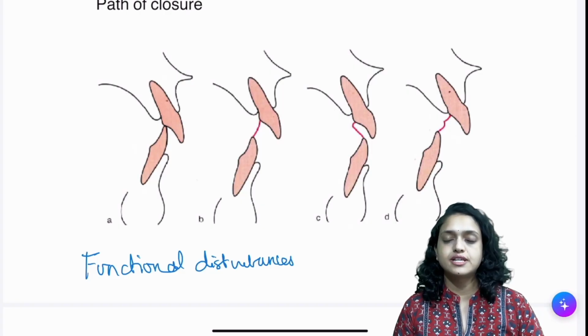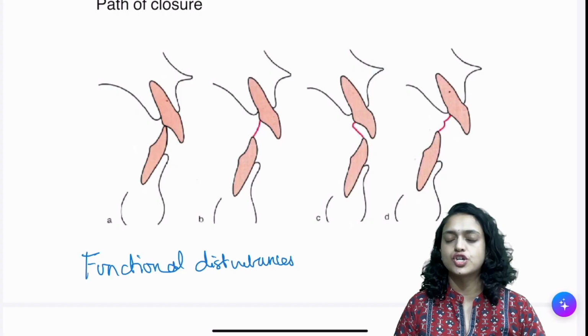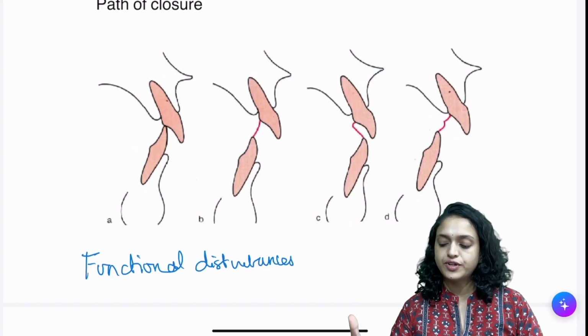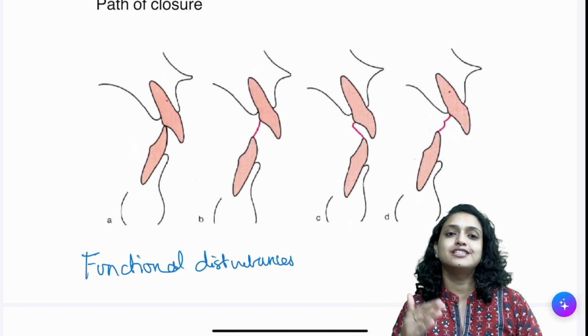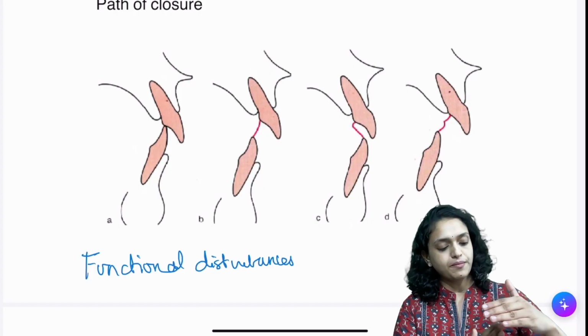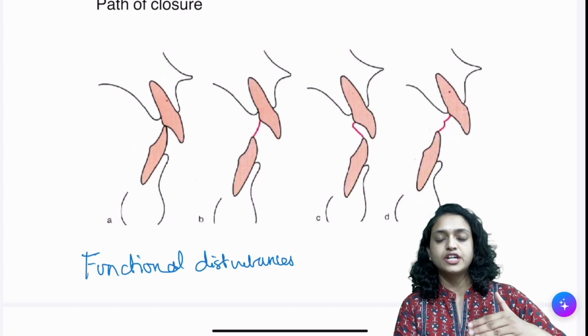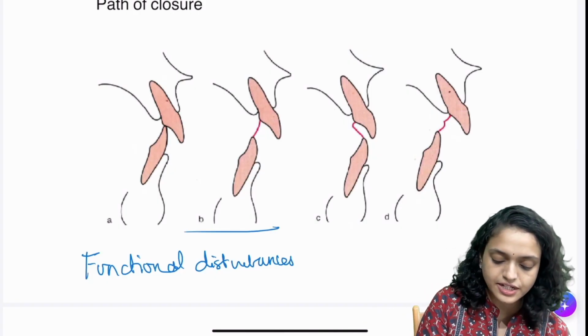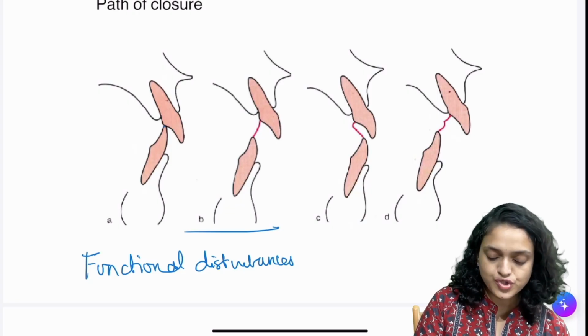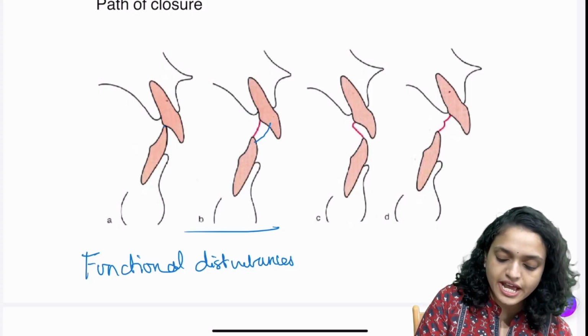So we need to assess the path of closure in such patients. We need to get the patient to a postural rest position and then ask them to bite. So from the rest position, they bite. The normal path of closure is, you can see in A and B, the intercuspation. From the postural rest, it is upwards and forwards.